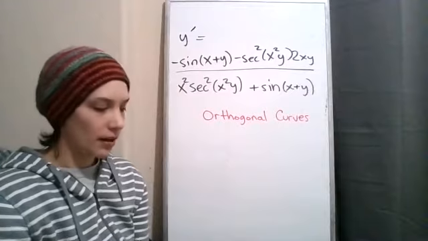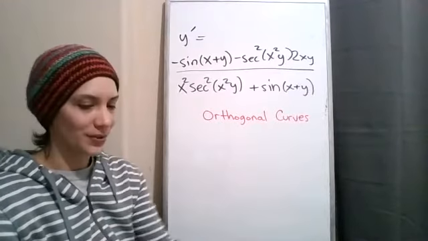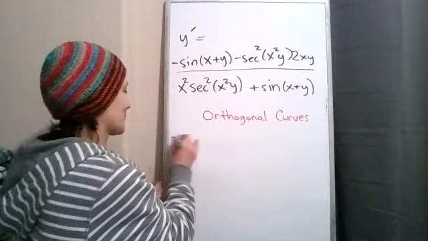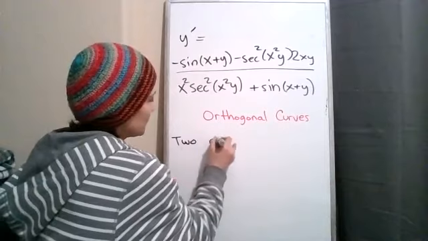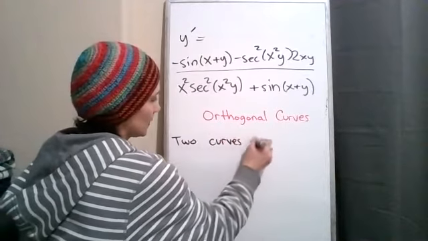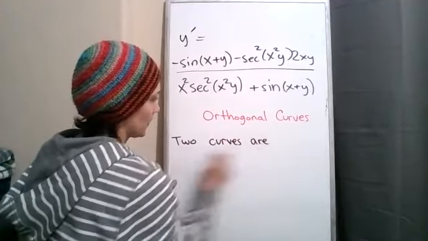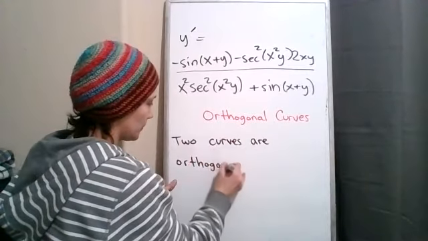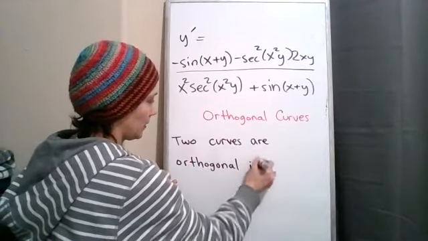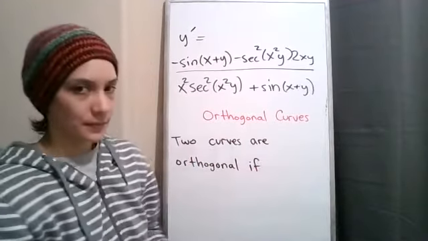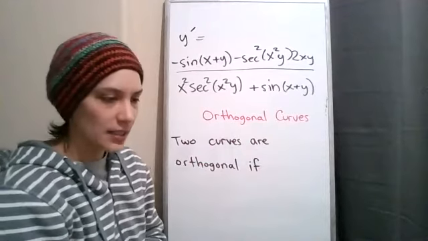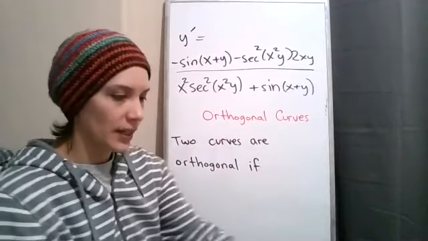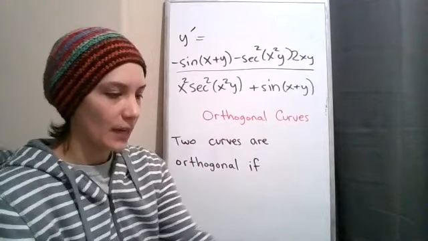Two curves are orthogonal if their tangent lines are perpendicular at points of intersection.